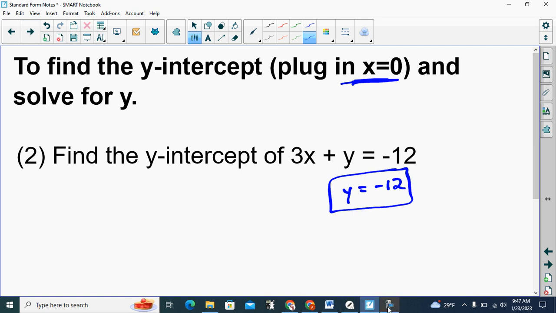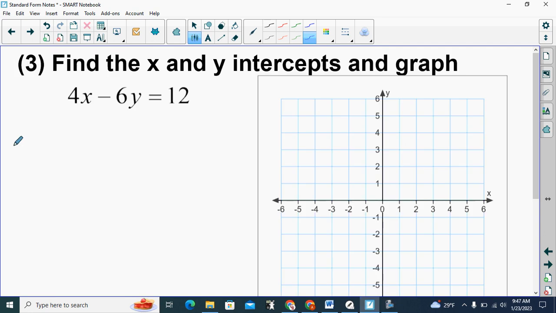Number 3 asks us to find both the x and the y-intercepts and graph. Find the x-intercept, find the y-intercept, and use that information to draw a graph. The equation that's given says 4x minus 6y equals 12. Let's start by finding the x-intercept.